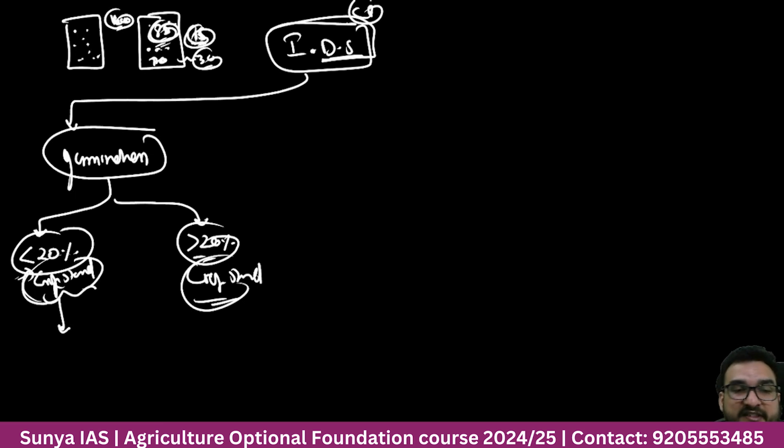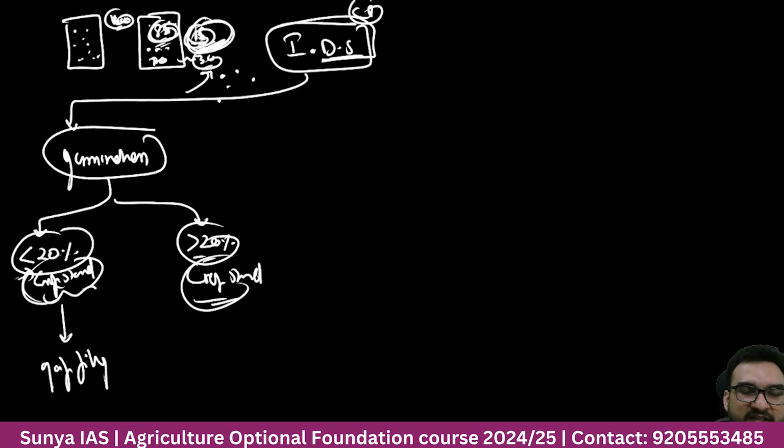When less than 20% of the crop stand is lost, I'll go for gap filling. Gap filling means these 15 seeds which were not able to germinate, I'll resow them. I'll fill the gap. If I have lost greater than 20%, then I'll resow the whole area.